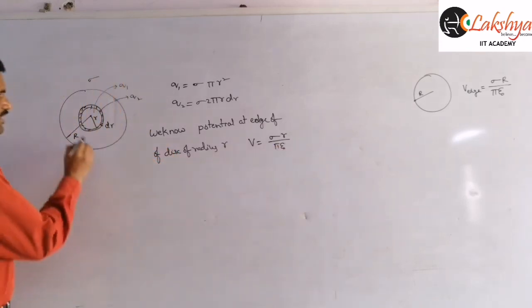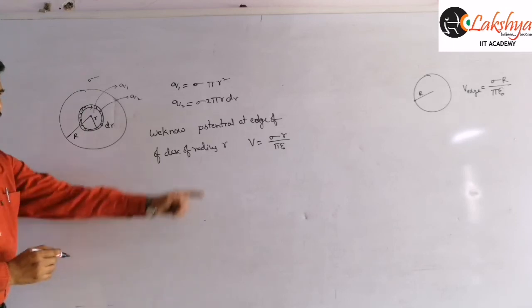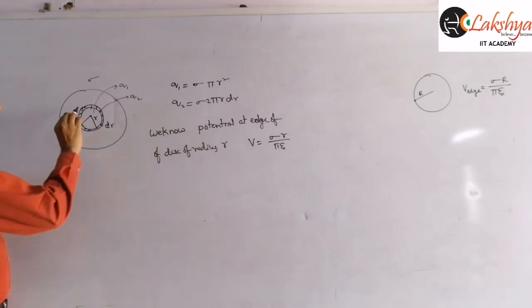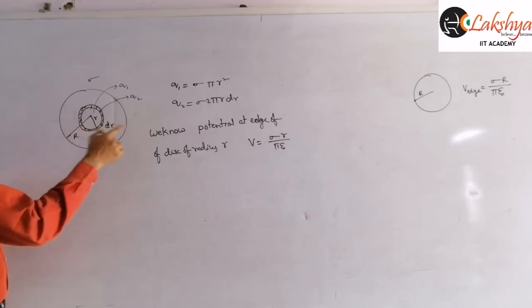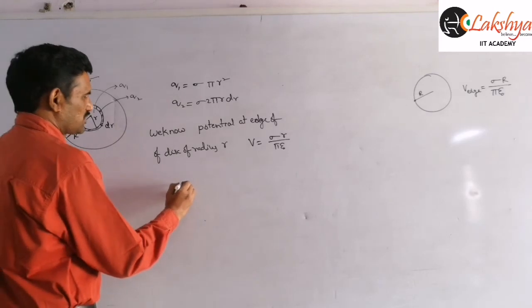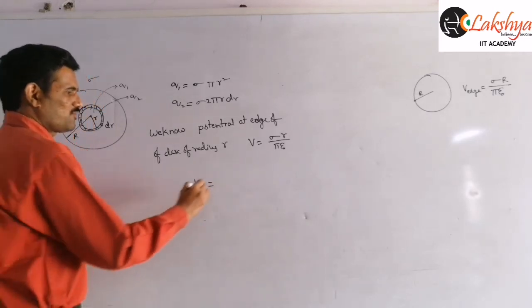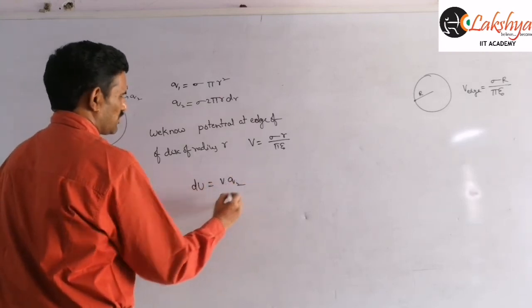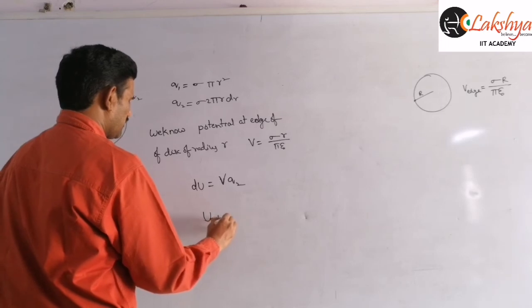I am taking any point on the edge of this disk of radius r, and in that potential this Q2 is lying. So the potential energy is dU equal to V into Q2, and therefore the self energy of the disk is obtained by integrating this expression.